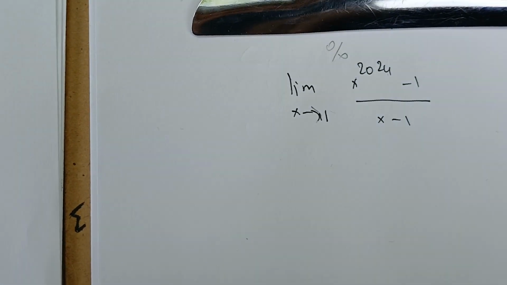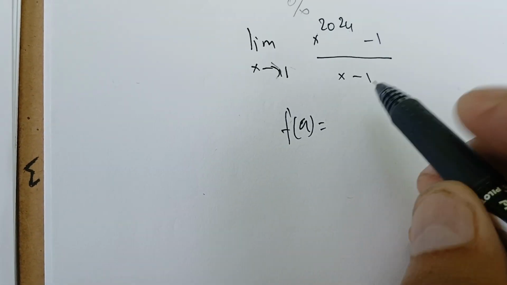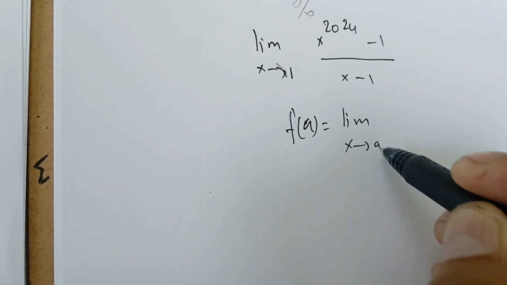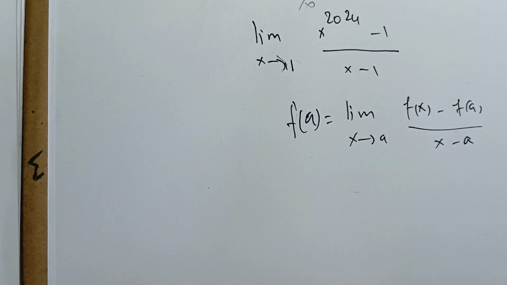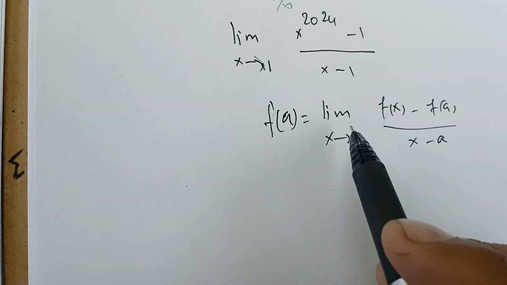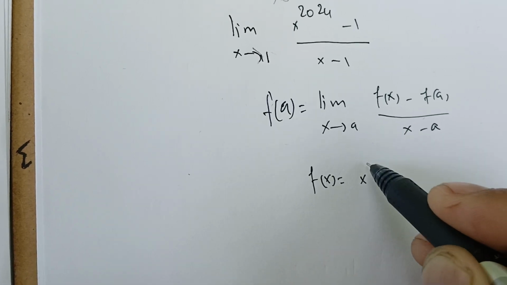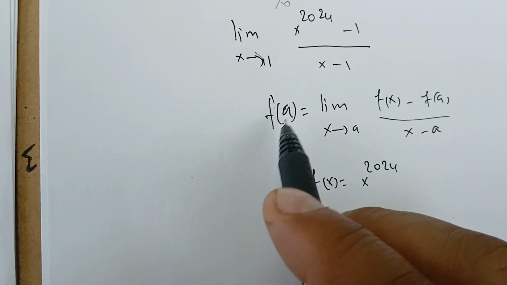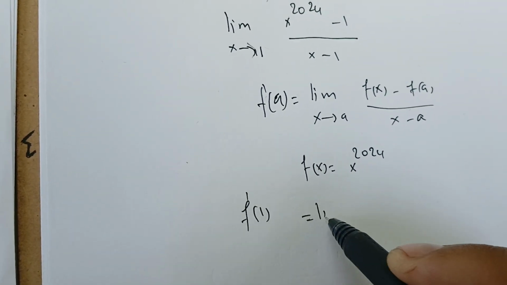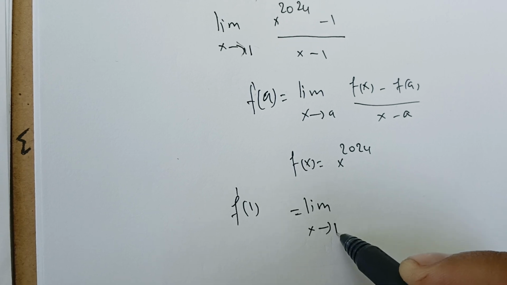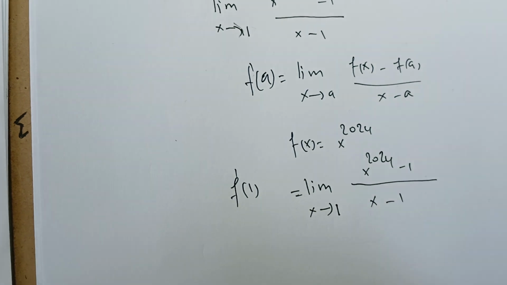So we know that f prime of some f at a is the limit as x goes to a of f of x minus f of a over x minus a. So here, if we choose f of x as x to the power 2024, and if we choose a as 1, we have f prime of 1 is just the limit as x goes to 1 of x to the 2024 minus 1 over x minus 1.